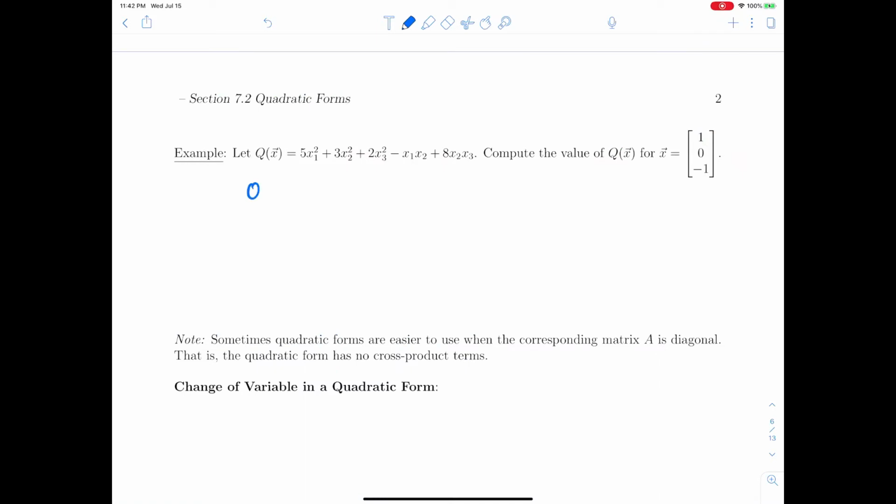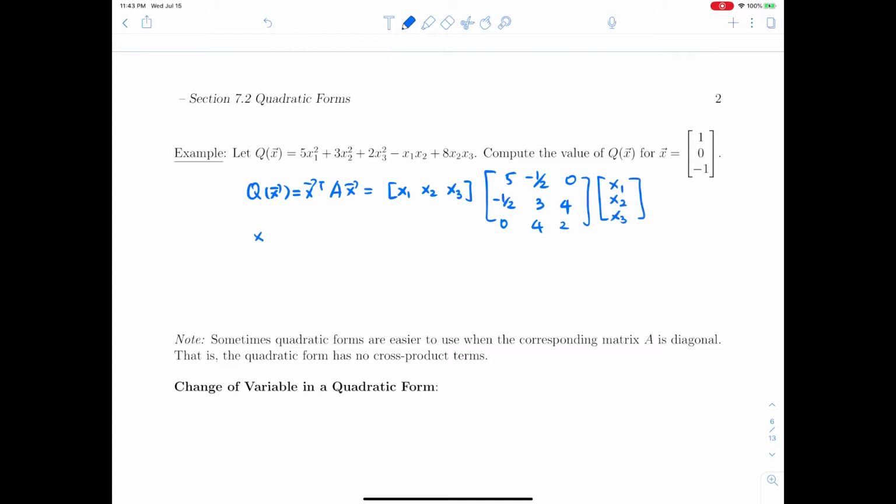So we know that Q of x can be written as x transpose A times x, where x transpose is given by x1, x2, x3, and A is given by 5, -1/2, 0, -1/2, 3, 4, 0, 4, 2, and x is given by x1, x2, x3.